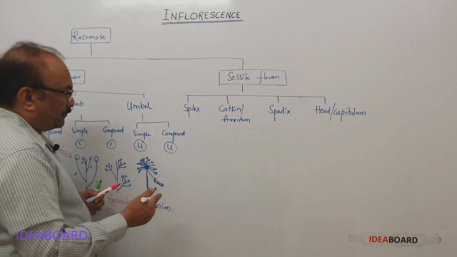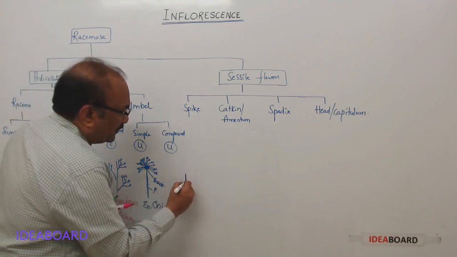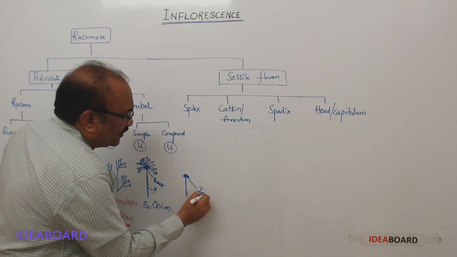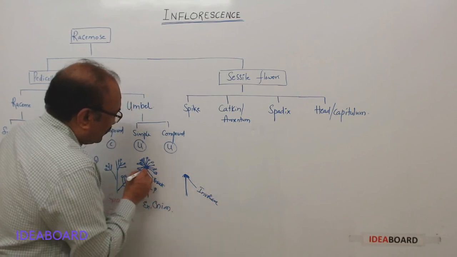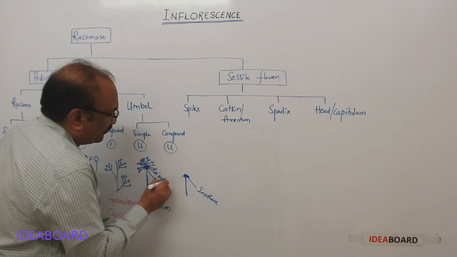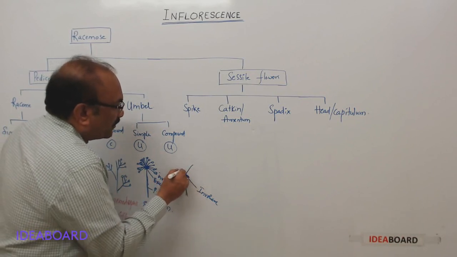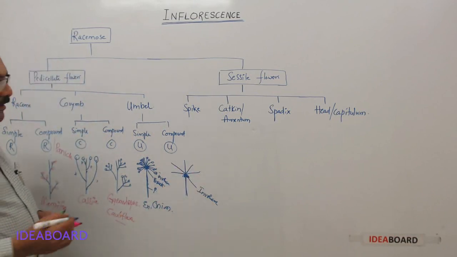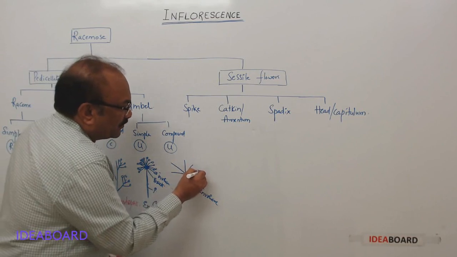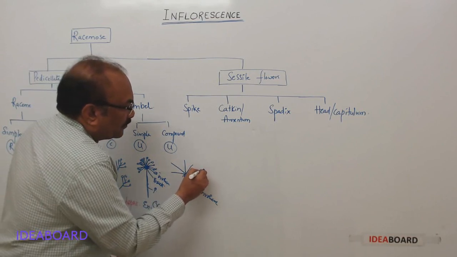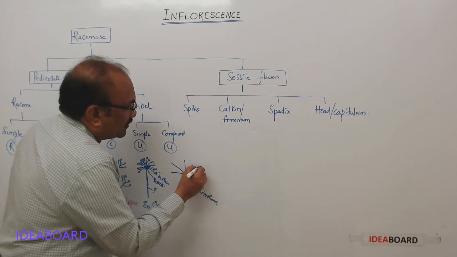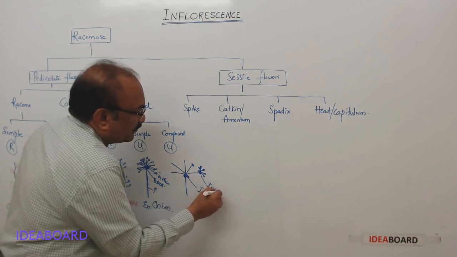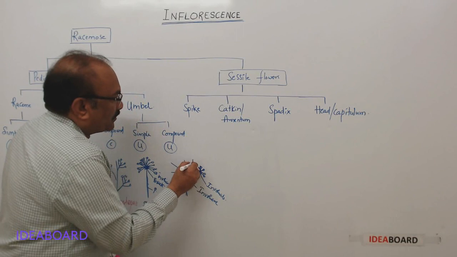And in compound umbel, you'll find the peduncle, and here a whorl of bracts is there, and this is called involucre. So here also involucre of bracts, and from this involucre in compound umbel, branches develop, and every branch ends up with simple umbels like this, and these are called involucelles, like this.